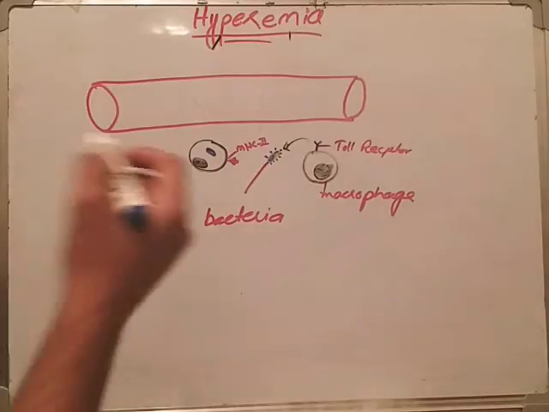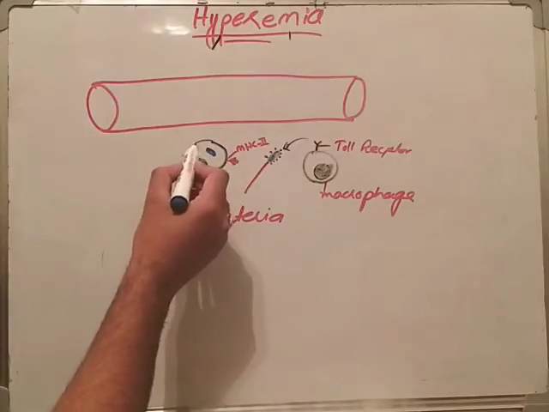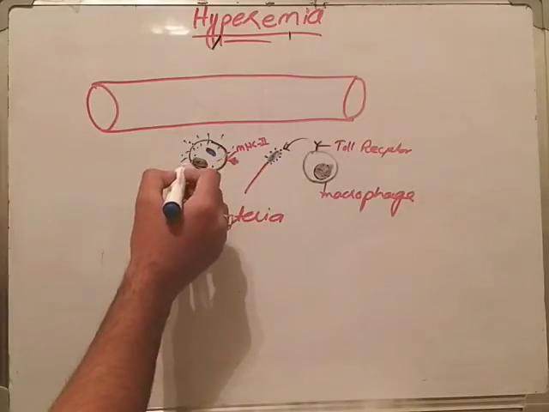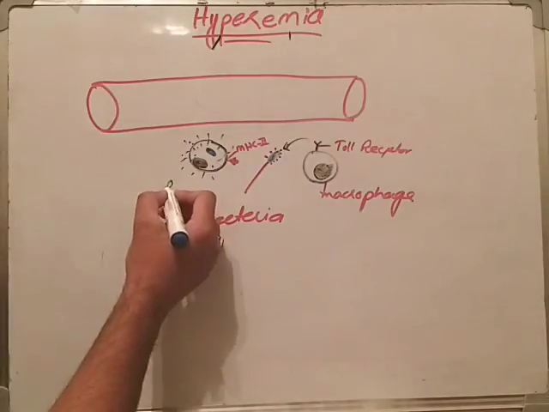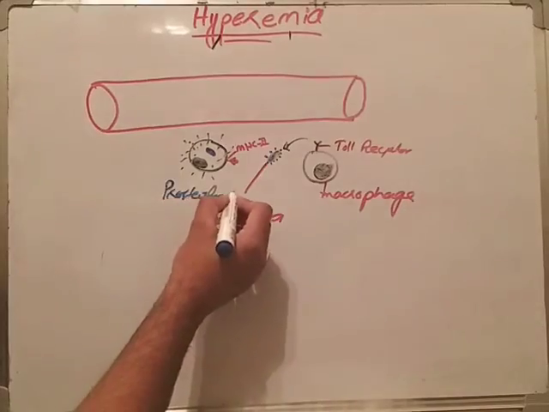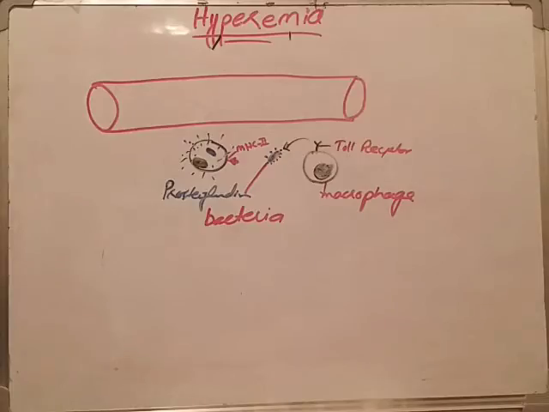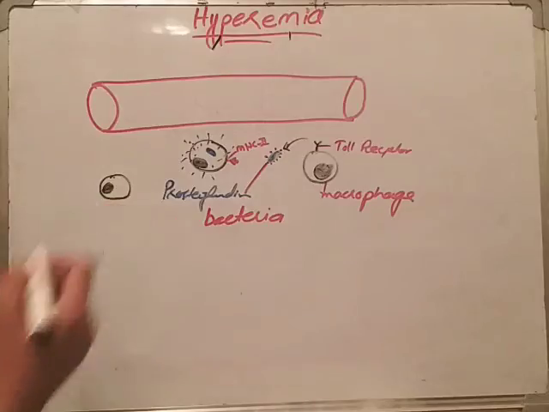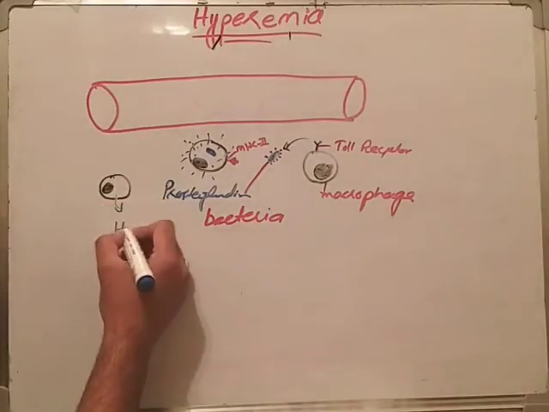So at the same time, when it engulfs the bacteria, the macrophages start releasing certain vasodilators, prostaglandins, NO2. These are the mediators, for example prostaglandins. And here another group of cells is present, for example mast cells, and these mast cells release histamine.